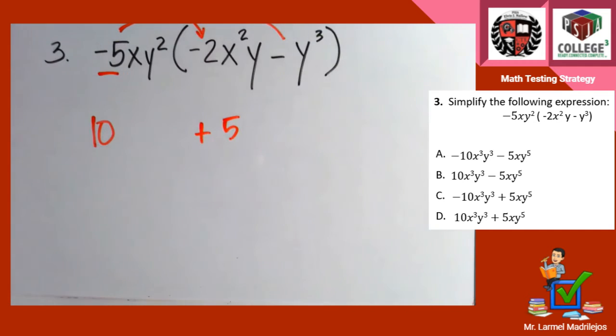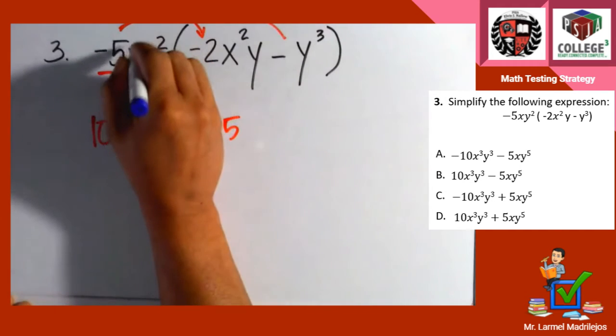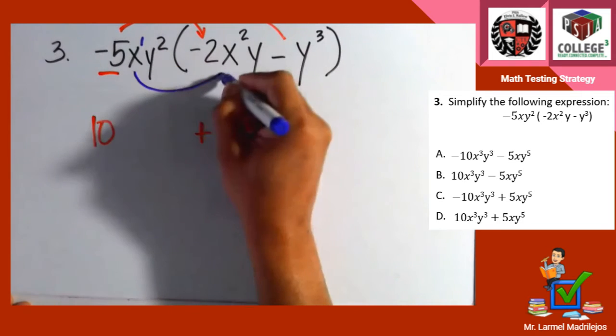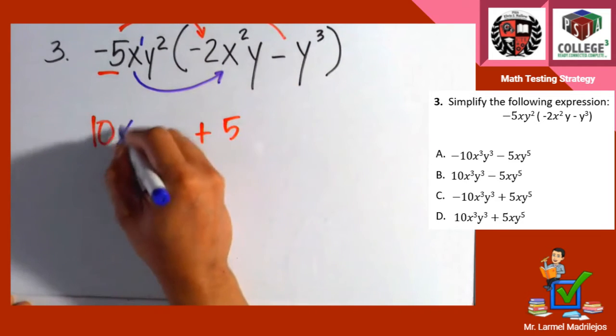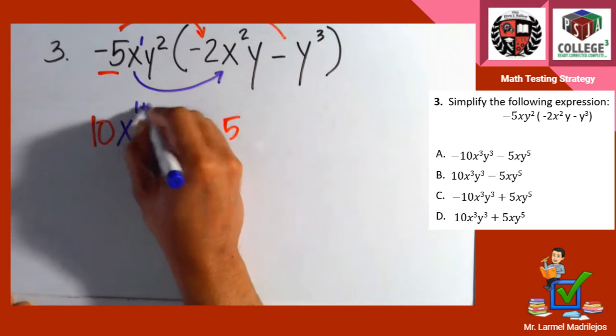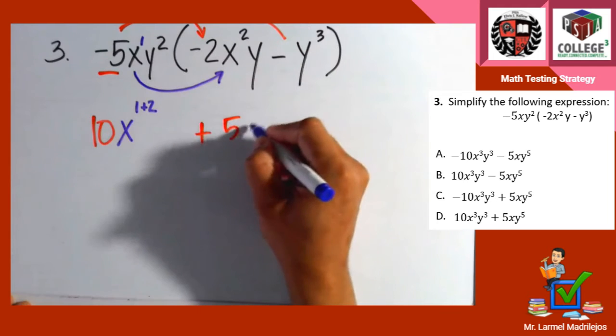So I'm done with my coefficient. Next is my variable here. I don't see any exponent, so it means 1. Okay, I'll start with x. So x to the 1 times x squared is going to be plus 2. I don't see any x there, so I'm just going to write x here.